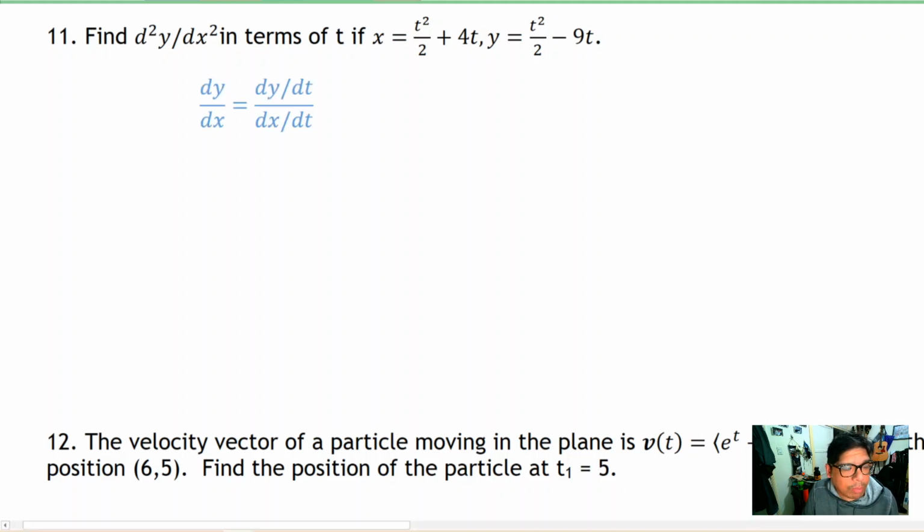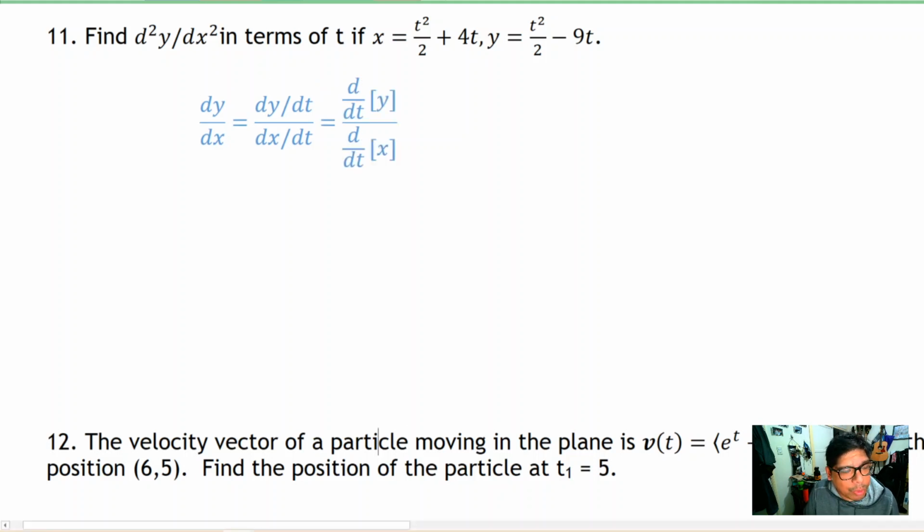Like every other problem with the second derivative, the first thing we're going to need to do is find our first derivative dy/dx. Now for parametric curves, that means we're going to need to find dy/dt over dx/dt.